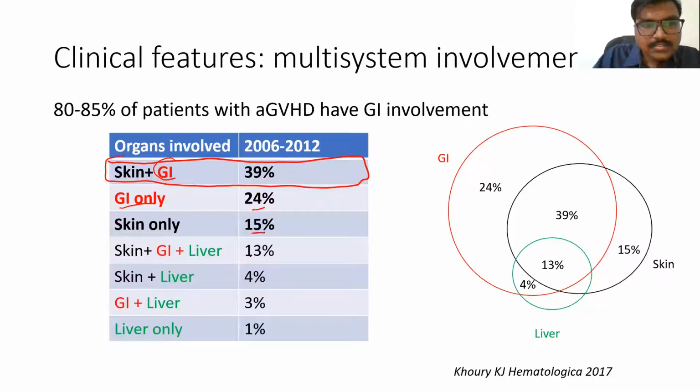So usually, GI involvement is very common. Sorry, 82% of patients with acute GVHD have GI involvement, and these are the frequency of combination. So when we have diarrhea, we should also look for whether the patient has skin disease, whether the patient has any bilirubin abnormality, and if they are occurring simultaneously, that gives a clue that it is likely GVHD.